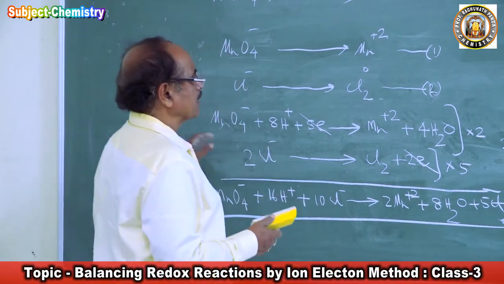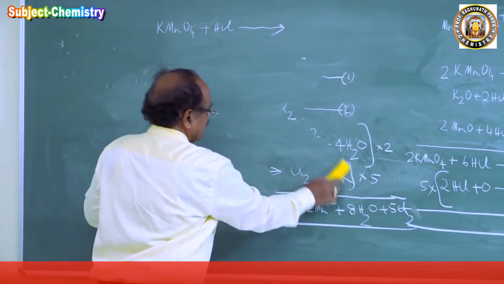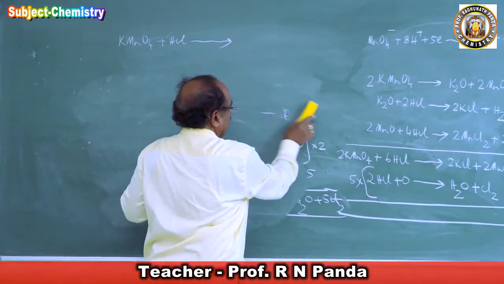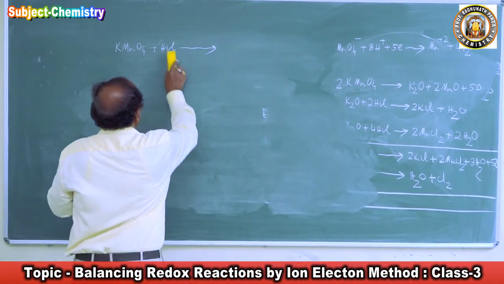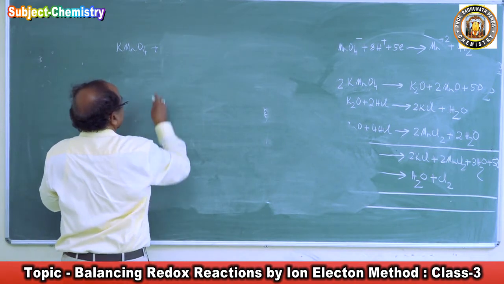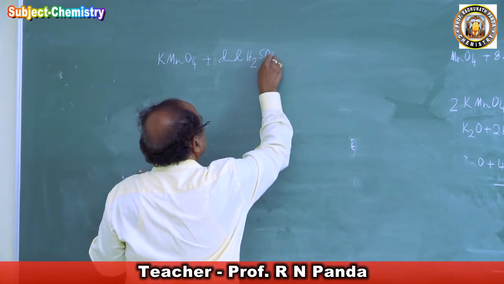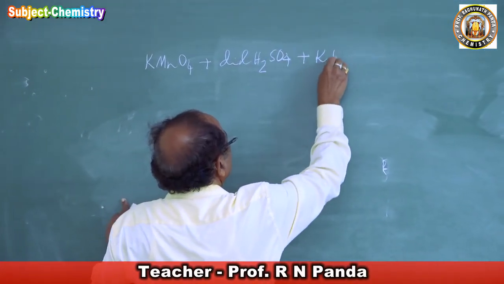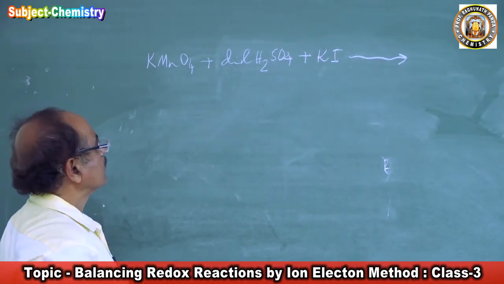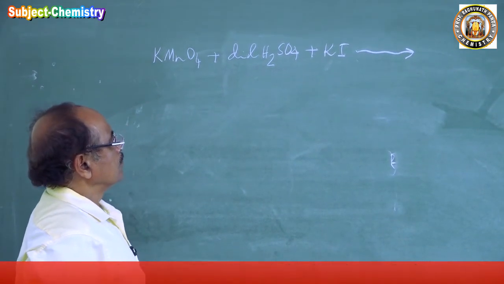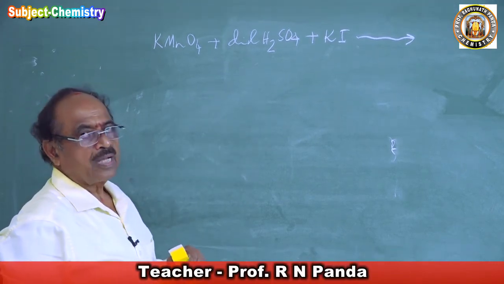Another important reaction for balancing is potassium permanganate with dilute sulfuric acid and potassium iodide. So I am taking potassium permanganate plus dilute sulfuric acid plus potassium iodide. It will oxidize potassium iodide to iodine.